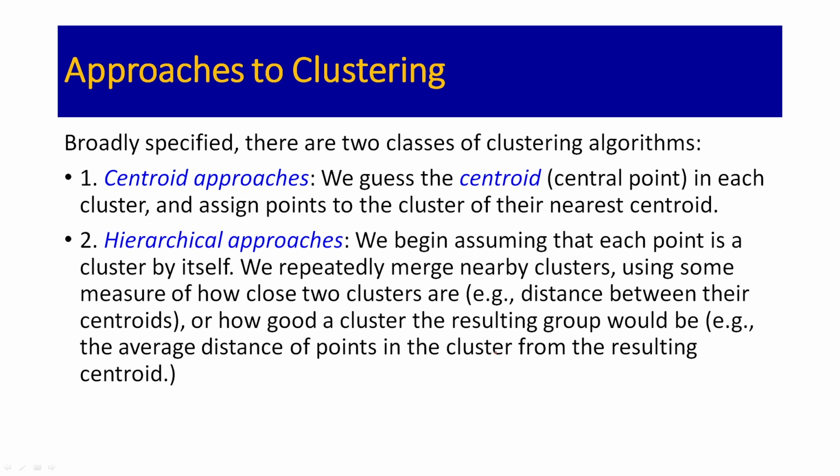the main classification algorithms. In the centroid approach, we guess a centroid first, a central point of any cluster, we assume that actually, and then assign points to the cluster based on the nearest neighbor distance. Remember, we talked about how to calculate distance, either Euclidean distance, Manhattan distance, or any other type of distance you can think about, given in the slides which I have already discussed.